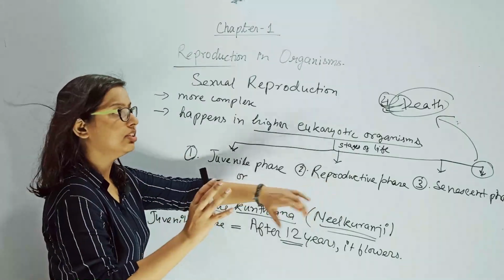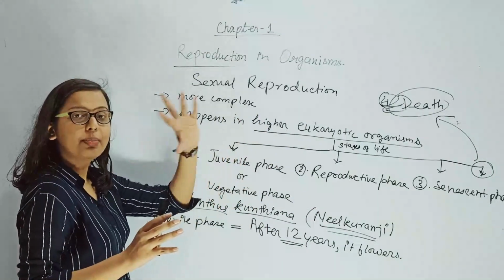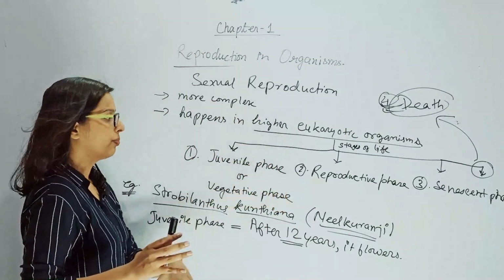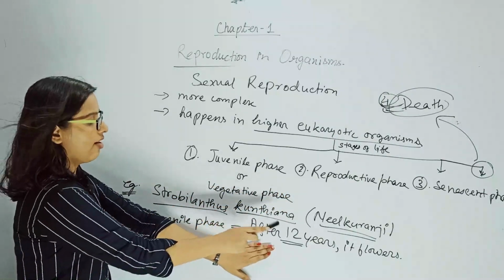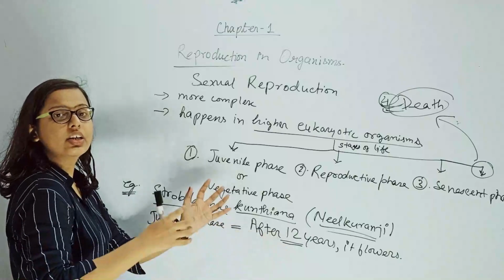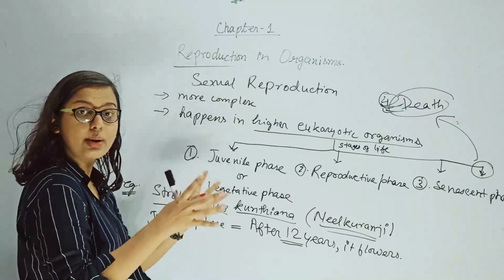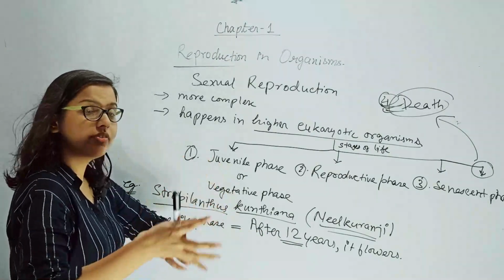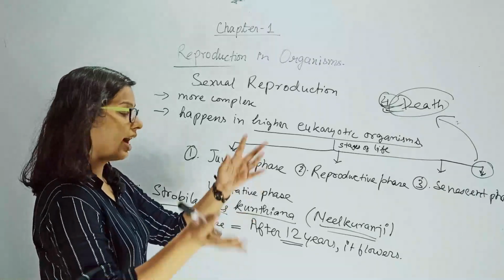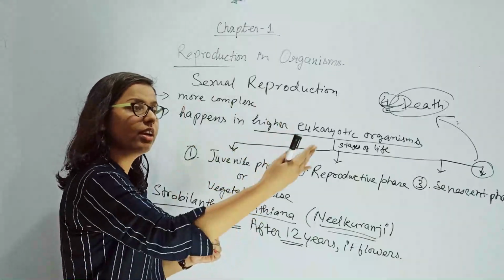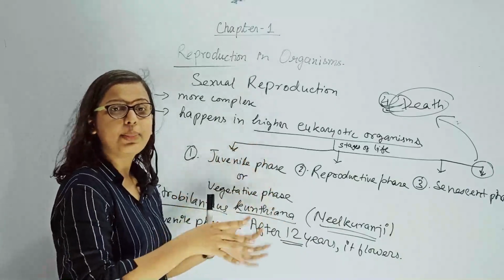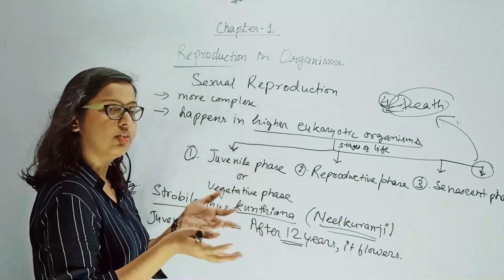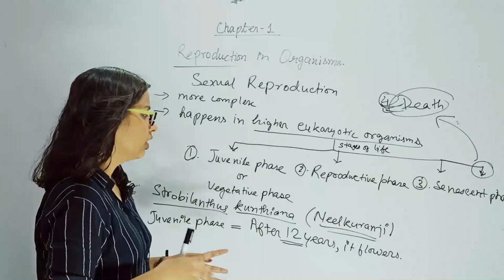Flowering means that particular plant is reproductively mature now. So if I am saying that this plant will flower after 12 years, you can question what that plant is doing up to 12 years. Why can it not flower until 12 years? That is a different mechanism which you will get to know in your bachelor's program whenever you take botany courses.